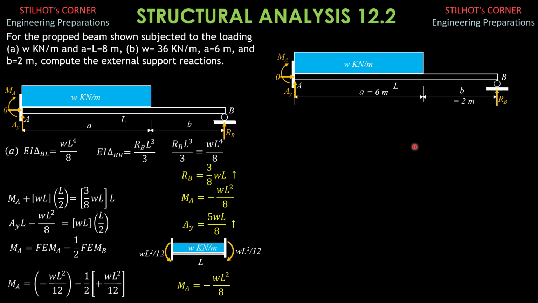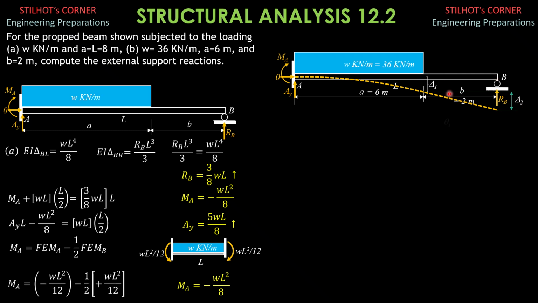So by superposition method, if B is removed, by the way, W is 36 kilonewton per meter. So this would be the deflected shape. This portion is straight. Call this deflection delta 1 and this part delta 2. And the slope here is theta 1, which is the same because this is a straight part. This part is not loaded. So call that delta 2.